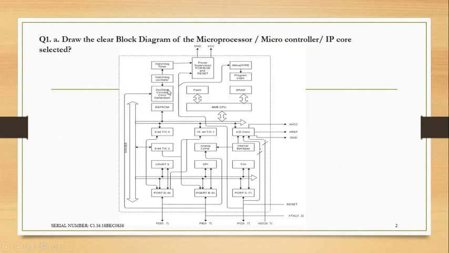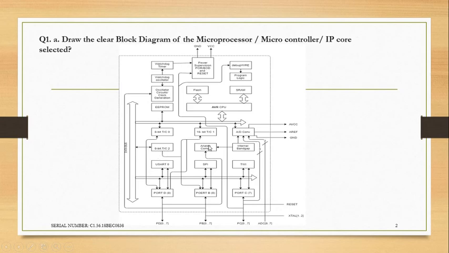It consists of many blocks like watchdog timer, oscillator, power division block, debug wire block, logic block, SRAM, flash, AVR CPU, EEPROM, 8-bit timer controller, 16-bit timer controller, analog to digital converter, and two 8-bit timer counters.